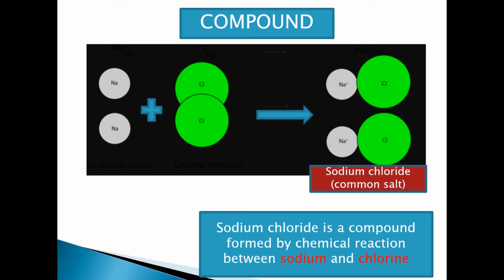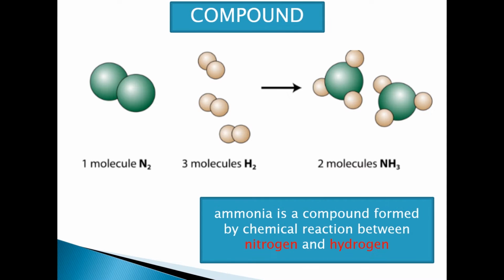Another example of compound is sodium chloride or common salt. Sodium chloride is a compound formed by chemical reaction between sodium and chlorine. Ammonia is a compound formed by chemical reaction between nitrogen and hydrogen.